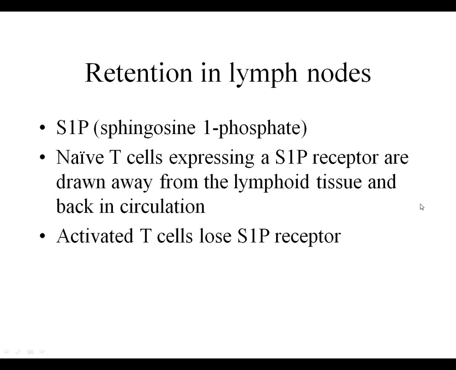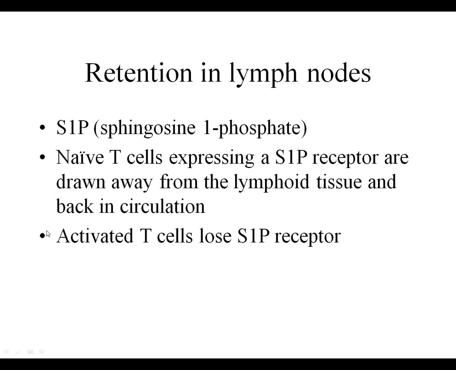We call it an S1P gradient. So the naive cells express the S1P receptor. So if it hasn't been activated, it's going to be drawn away from the lymph back into circulation. So the S1P signal is coming from outside the lymph node, and the lymphocyte is going to move towards it.